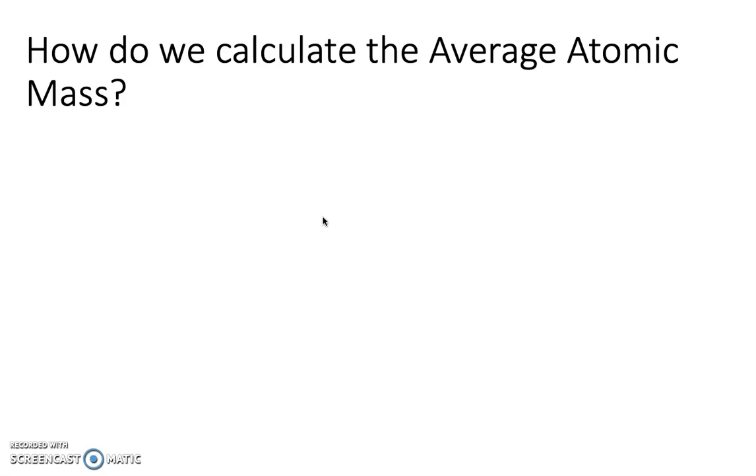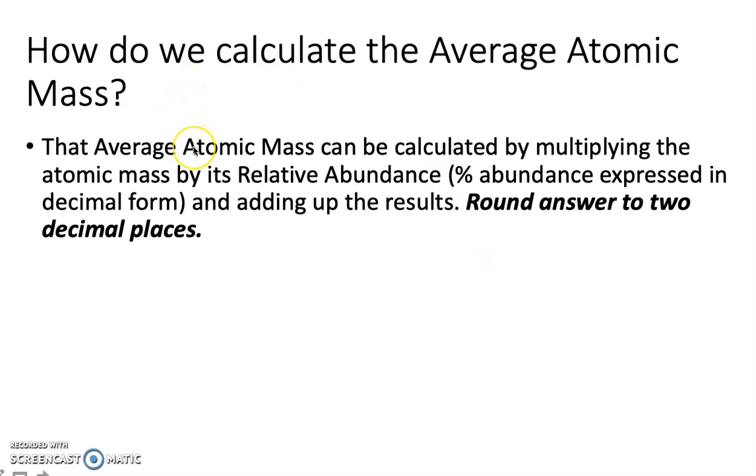Now, how do we calculate the average atomic mass? Well, I created a little table that we can refer to. There's directions in the book, and we're going to follow them more or less verbatim. It's a little strange at first, but when you see what we're doing, it's actually very easy. The average atomic mass can be calculated by multiplying the atomic mass by its relative abundance.